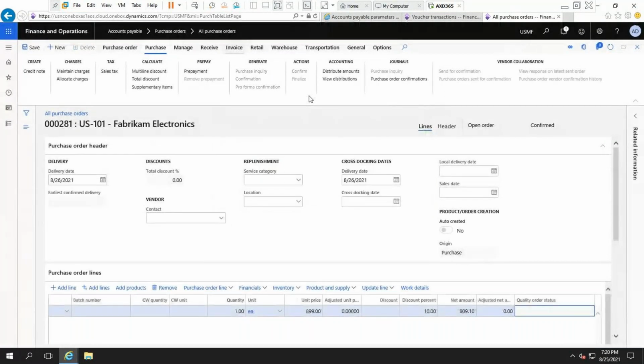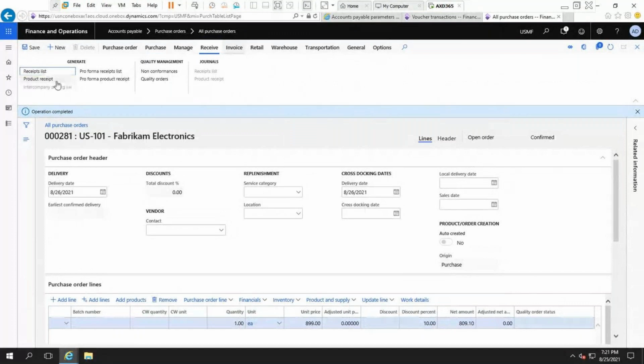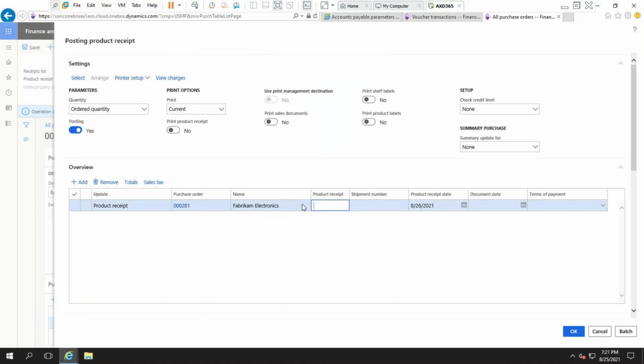Now I'm doing the product receipt. I'm entering the product receipt number. Click OK.